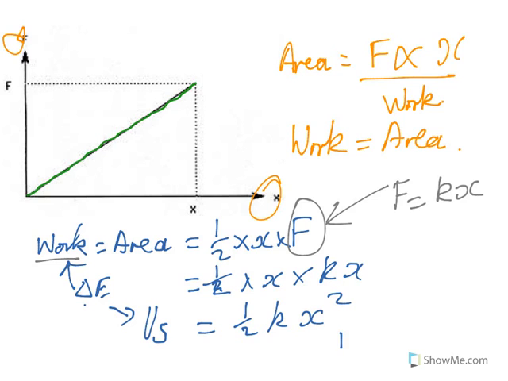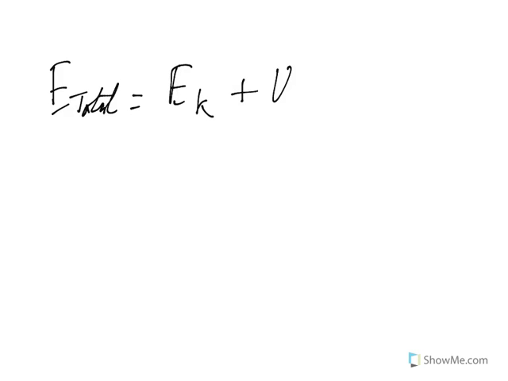So the conservation of energy says that our total energy, we'll go to the next page, so we've got to keep in mind total energy will be the kinetic plus the potential, and in this case spring potential.